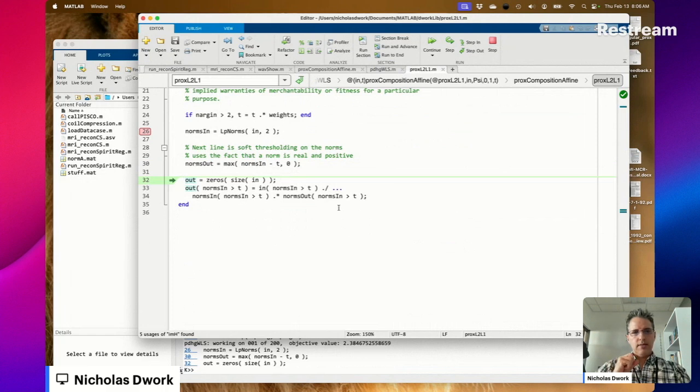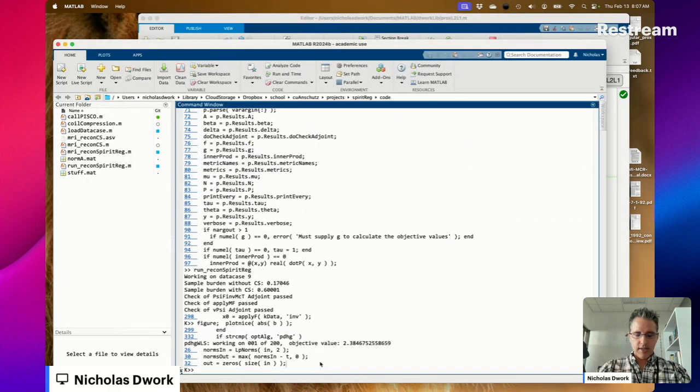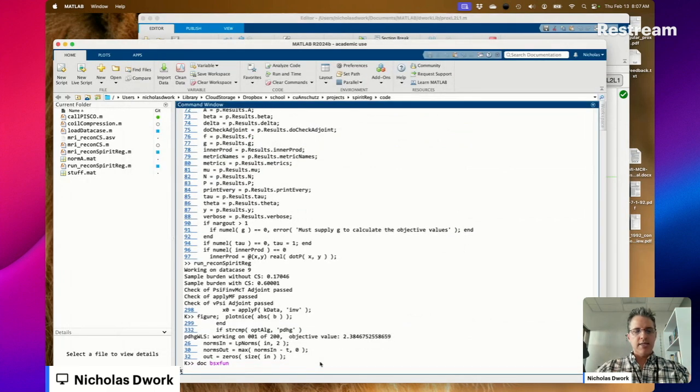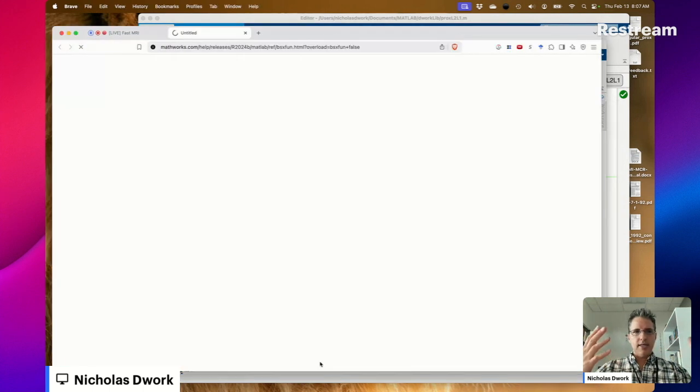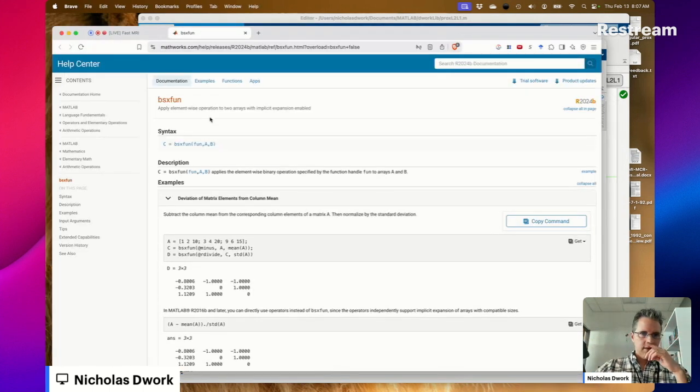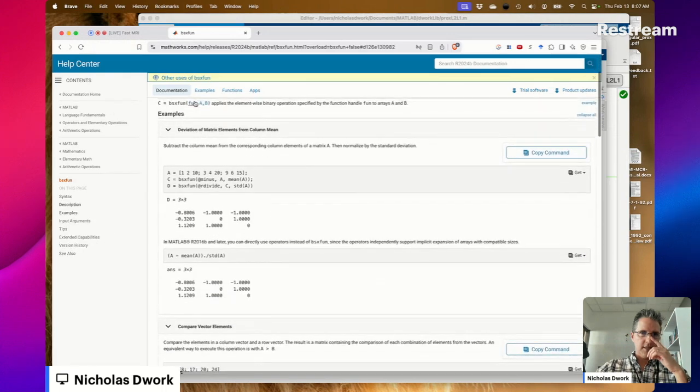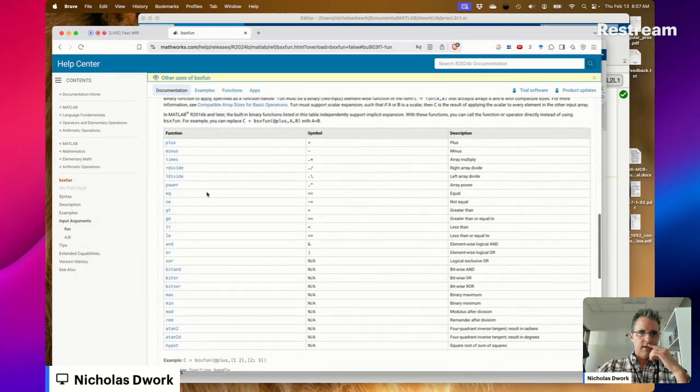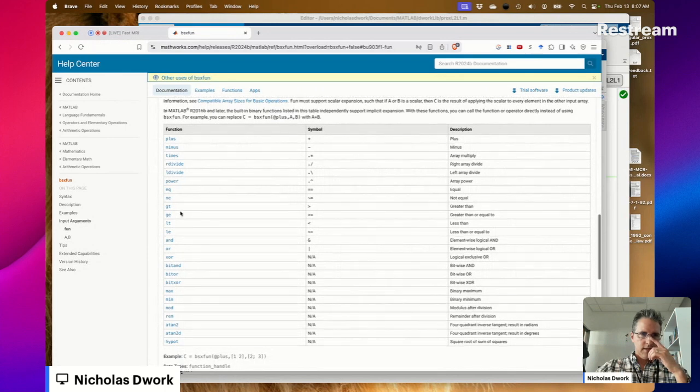I can repmap, but that allocates memory and that's slow. So this is the problem. We're only doing the shrinkage operation on the first 256 by 256 slice of in. I wonder if bsxfun, okay, doc bsxfun. Does it have like an isolate? Or are these functions all just, yeah, equal?